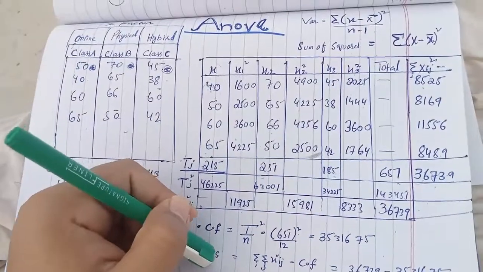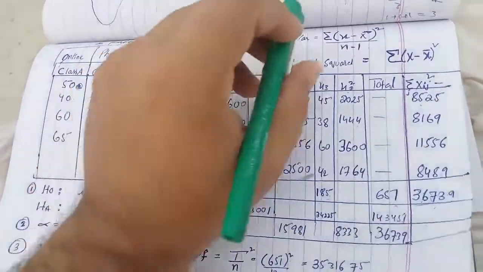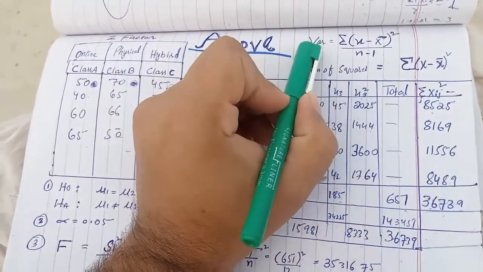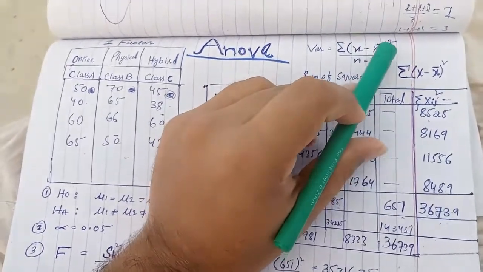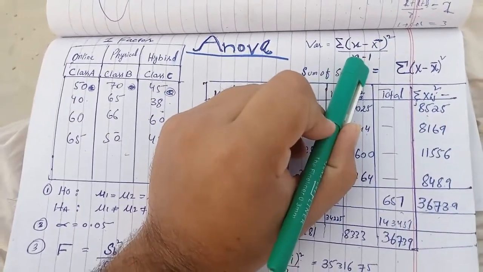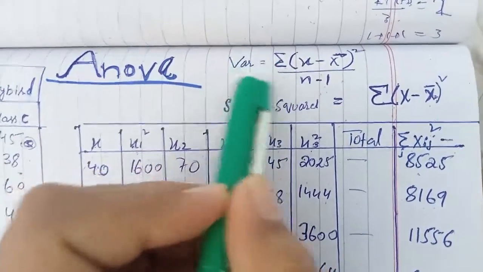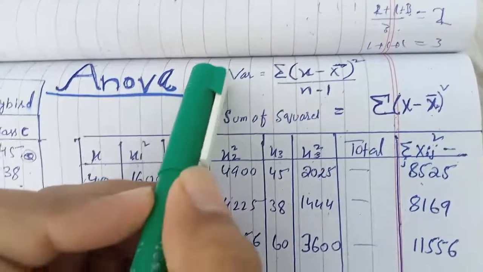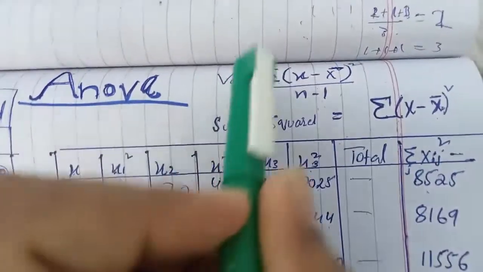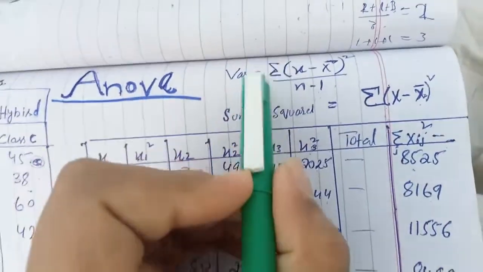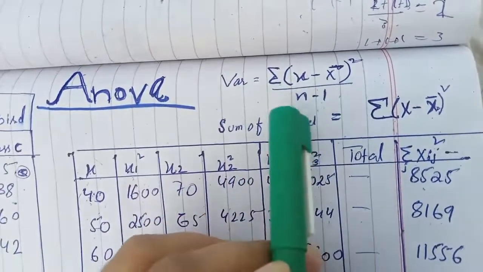The TSS is nothing but the total sum of square. Now what is the total sum of square? If you can see here, this is the formula of the variance, the summation of x minus x bar whole square divided by n minus 1.